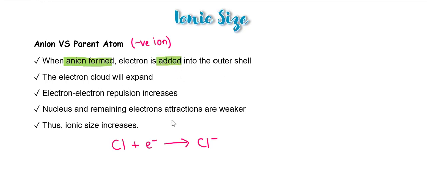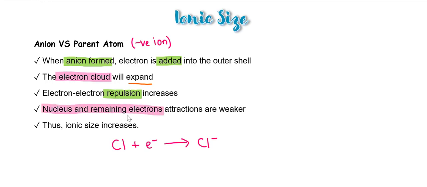What happens if the electron is added? The electron cloud will expand. Semakin banyak elektron kita tambah, dia akan menyebabkan elektron cloud semakin mengembang. So when that happens, the repulsion between the electrons increases. So makin banyak elektron, makin bertambahlah dia punya daya tolakan antara electrons. And the attraction between the nucleus and remaining electrons becomes weaker.